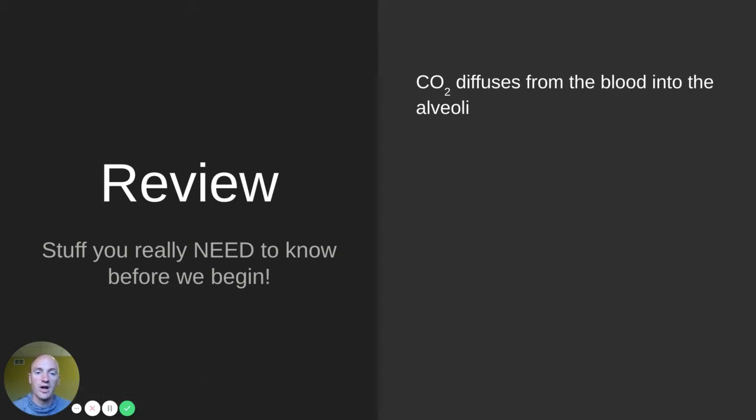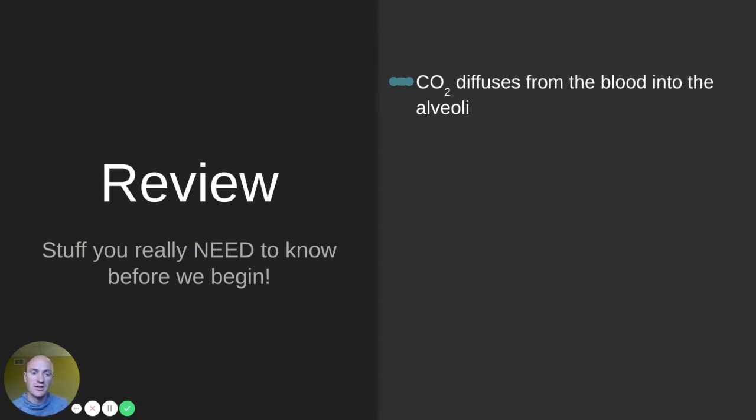Now, carbon dioxide diffuses from the blood, remember, that's being made by your body tissues, into the alveoli. I'm going to represent carbon dioxide as this green circle, right? So we've got carbon in the middle with two oxygens on either side, but that's how I'm going to represent carbon dioxide, that little greenish shape. And it's going to be moving from your blood into the alveoli.